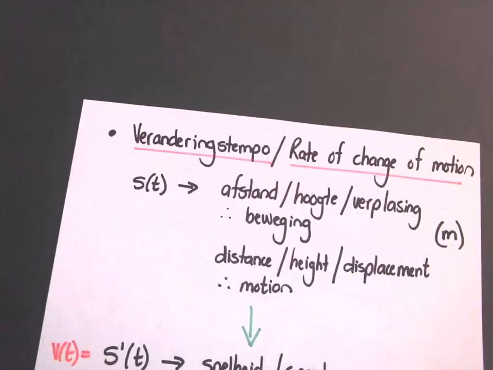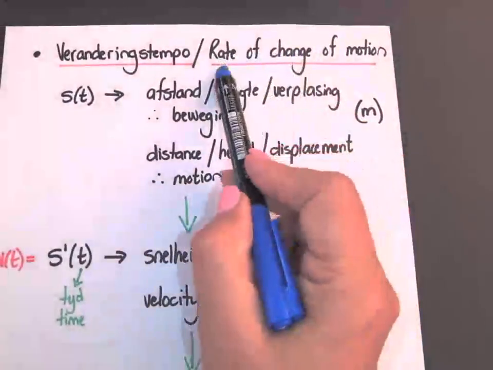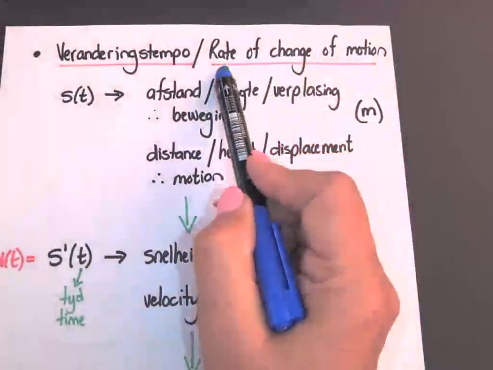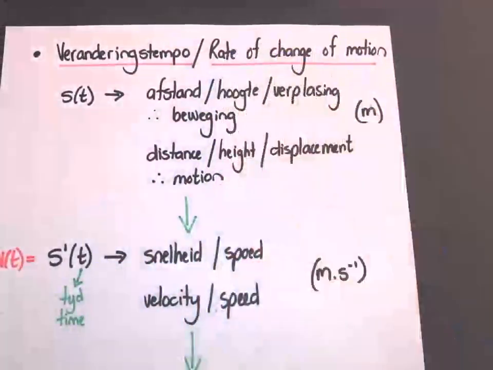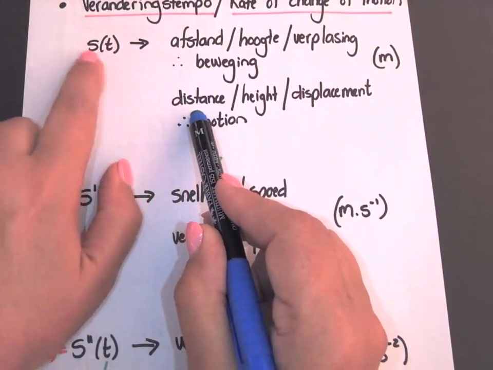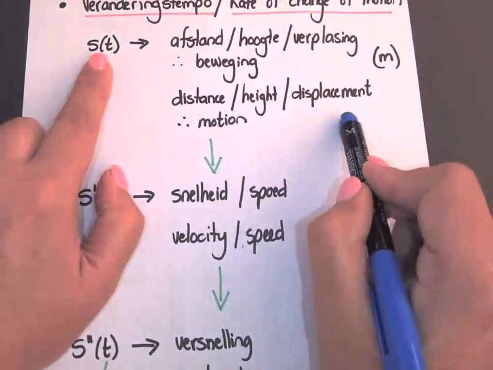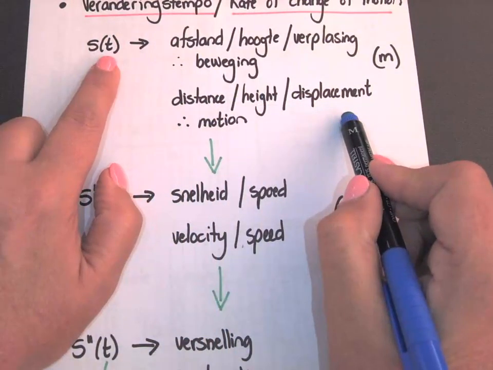The second thing that you should know is when they ask you to determine the rate of change of motion, there are 3 things that you should know. The first equation will be distance, height, or displacement. That is S of t.